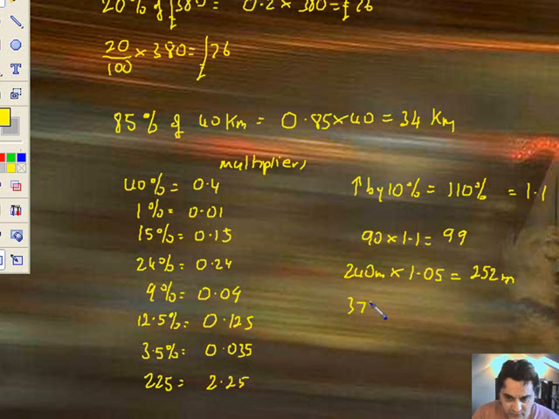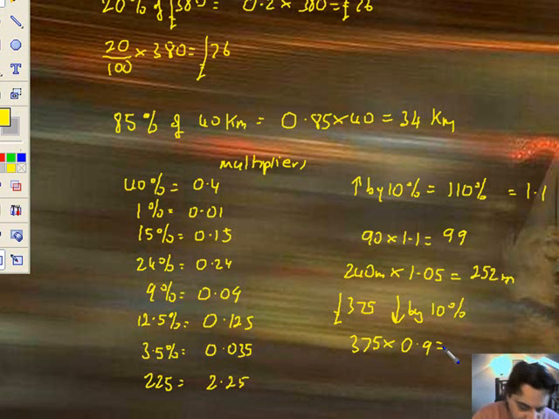Do one more, let's do a decrease. I've got 375, it's pounds this time. I want to decrease by 10%, so essentially I'm multiplying by 90% because it's reduced. So I'll go 375 times 0.9, which gives us 337.5.